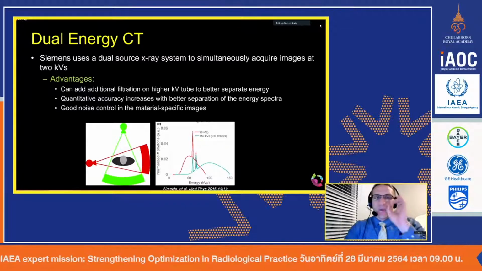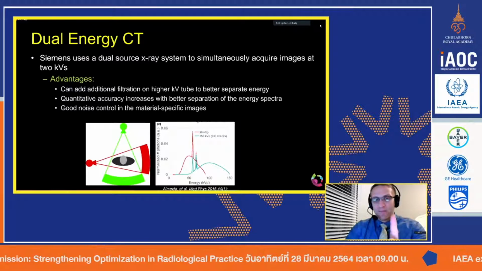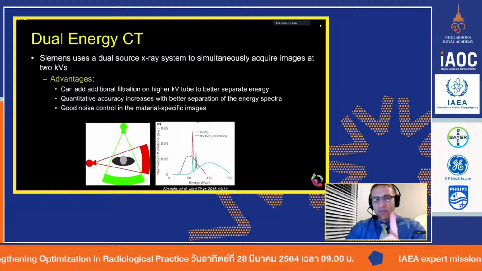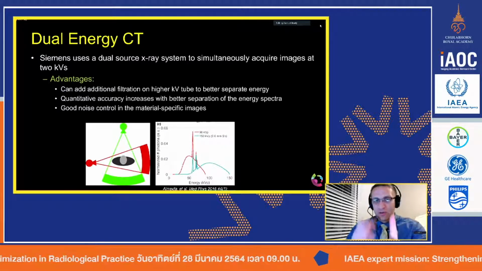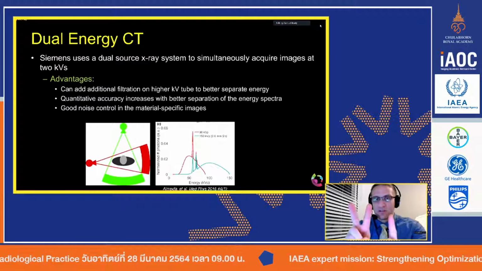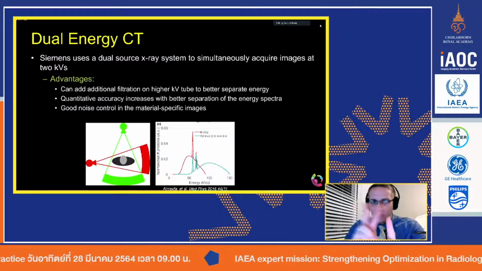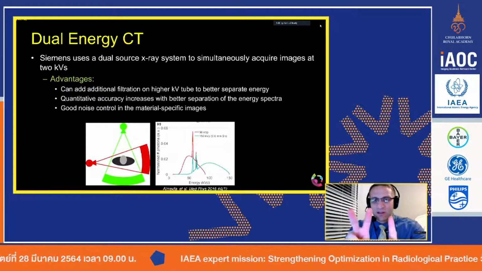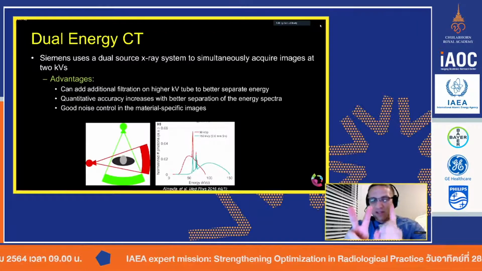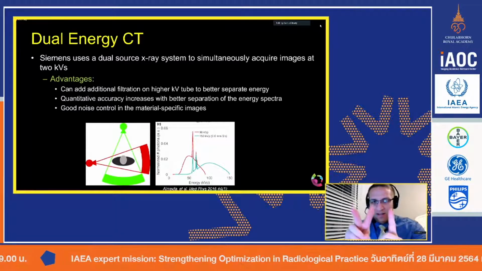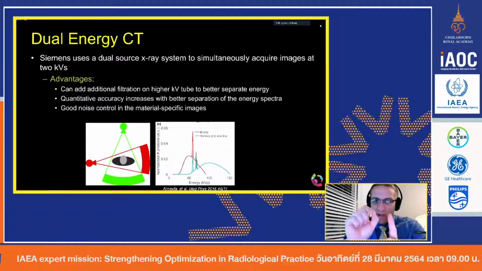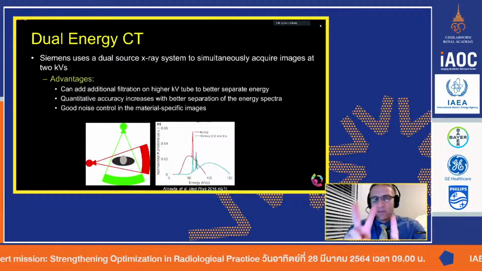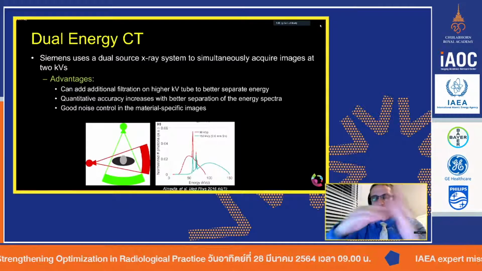But at one instant in time, this scanner will never image the same tissue with two X-ray energies. Now remember, fundamentally, all the way back to Dr. Hounsfield, 1973, the goal here is to image the same tissue twice. But at one instant in time, you're never going to be able to do that because the tubes are 90 degrees apart from each other.